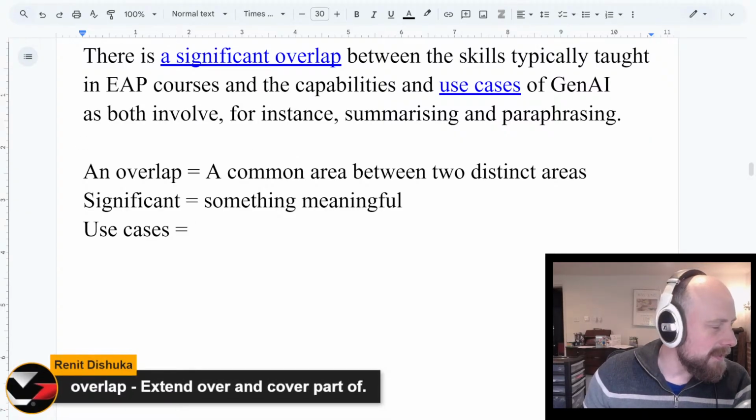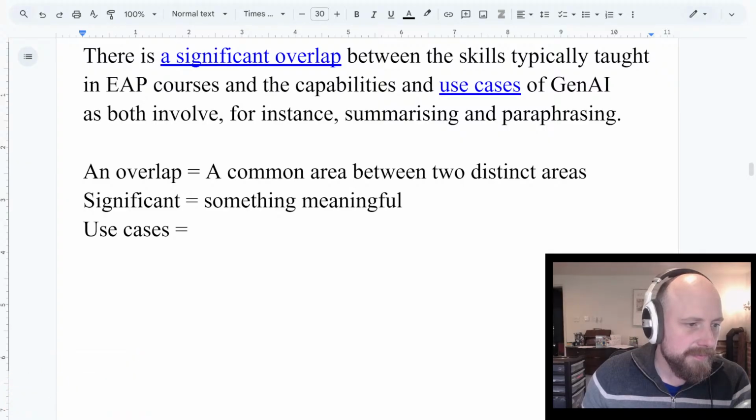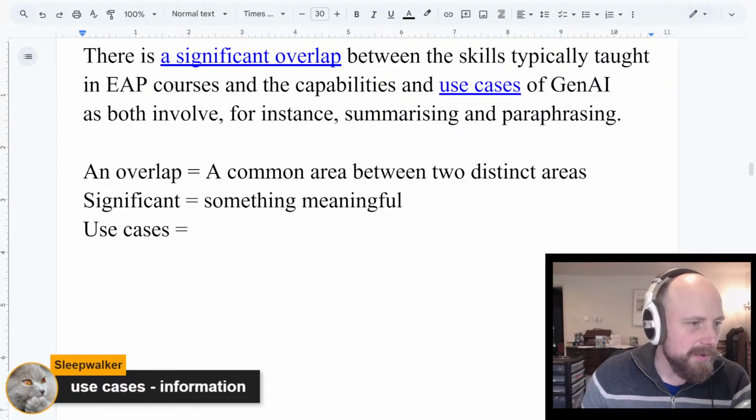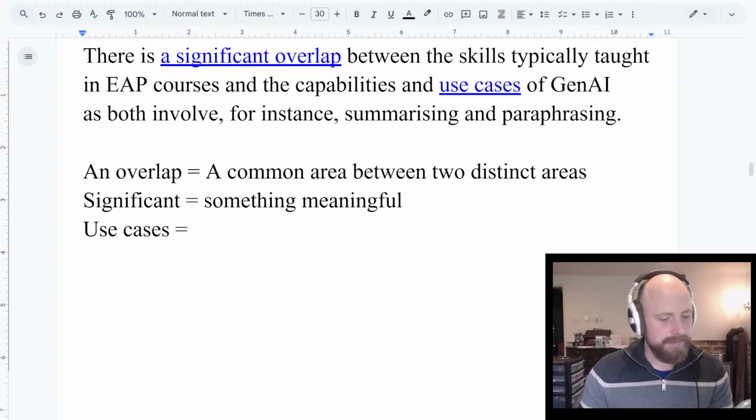Ranit, that's a pretty good one. So Ranit is defining overlap as a verb and says extend over and cover part of. That's pretty good. That's a good guess, Sleepwalker, but that's not quite right. Use cases is not information.